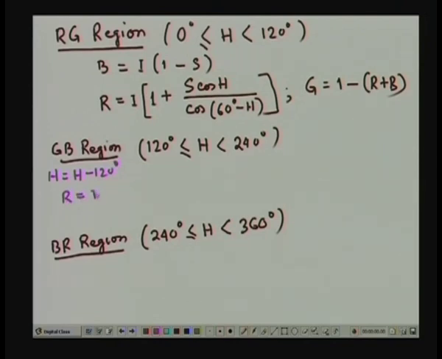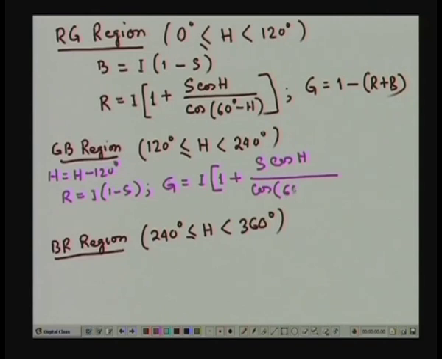R is equal to I into 1 minus S. G is given by I into 1 plus S cosine H divided by cosine 60 degree minus H, and blue in the same manner is given by 1 minus R plus G.